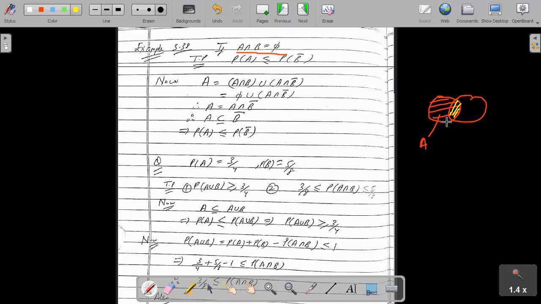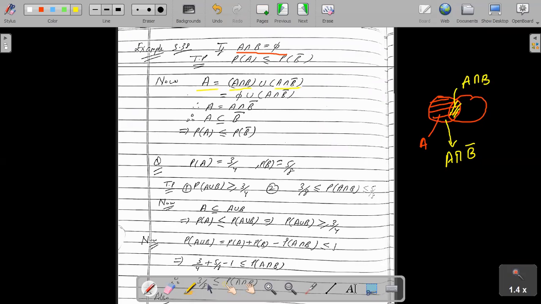The red part is A intersection with the portion that is not in B. So this portion is the portion of A which is in B, and this is the portion of A which is not in B. Obviously this is in B complement. Therefore, A can be written as the union of A intersection B and A intersection B complement.